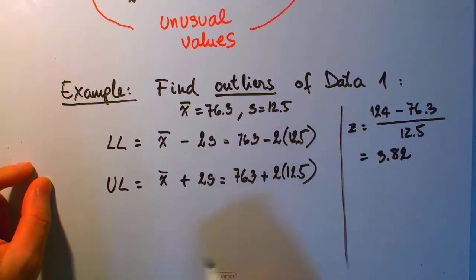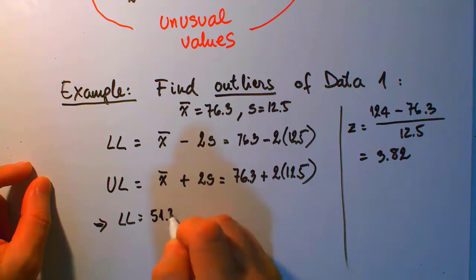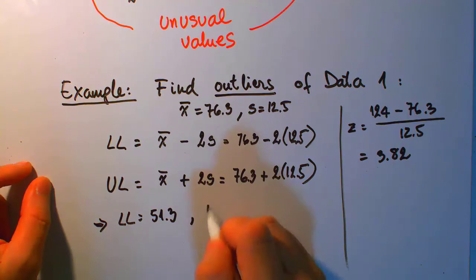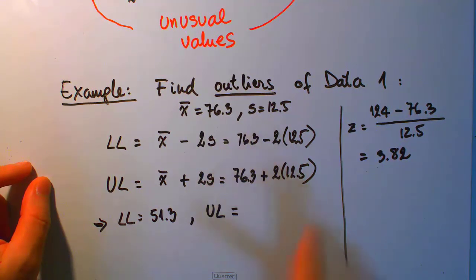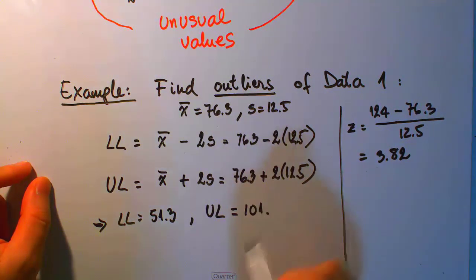And so in that way, concluding that my low limit here is going to be equal to 51.3. And the up limit I found through the calculation to be 101.3.